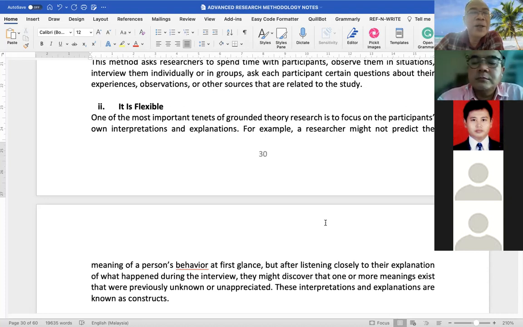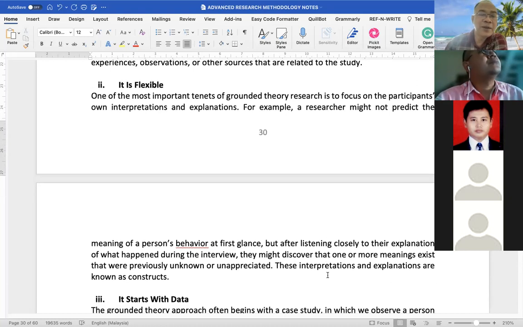So dapat benda baru lah. Dulu mungkin pengkaji itu tidak memahami ataupun tidak dapat mengagak apakah behavior suatu kumpulan itu. Tetapi selepas interview, selepas observation, the researcher mungkin akan dapat sesuatu yang baru yang mereka tidak perolehi sebelum daripada kajian ini.